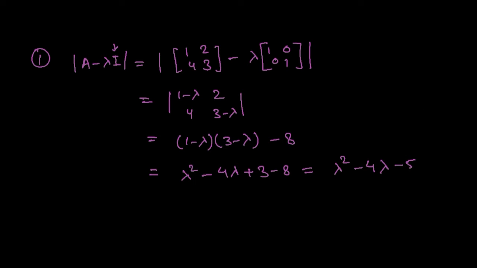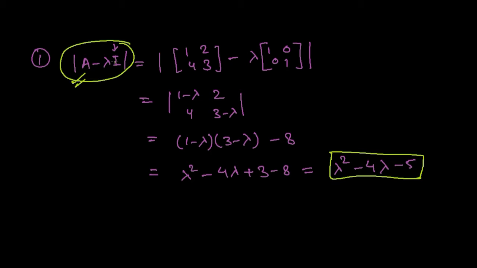This is the characteristic polynomial of matrix A. Remember, whenever you need to find the characteristic polynomial of any square matrix, you calculate the determinant of A minus lambda I, where I is an identity matrix of the same order as matrix A. If A is 3 by 3, then the identity matrix will be 3 by 3. Now what to do?